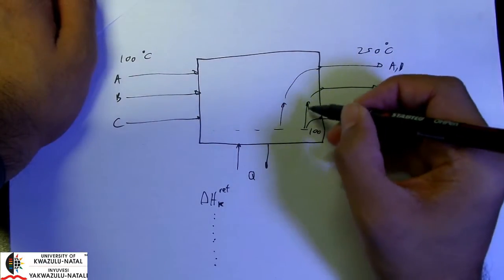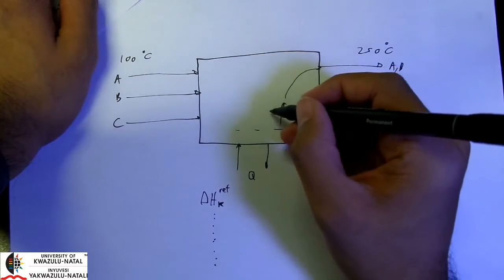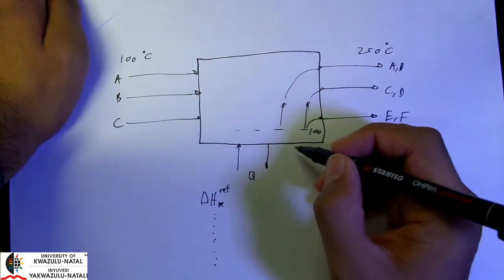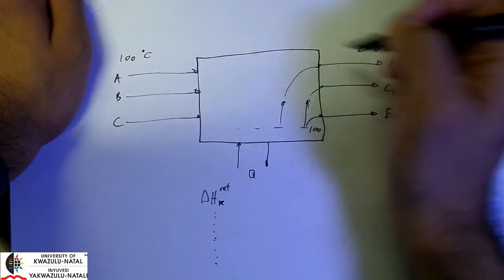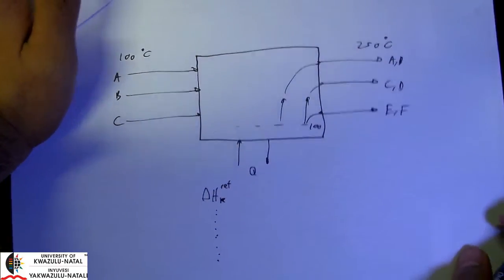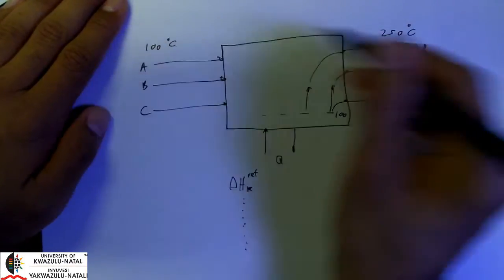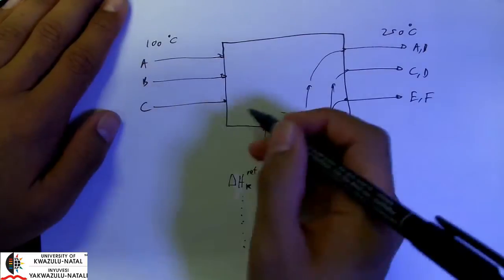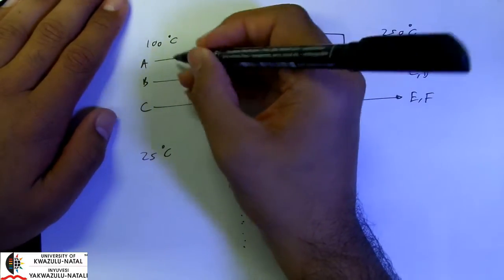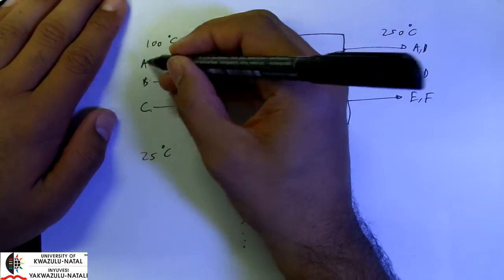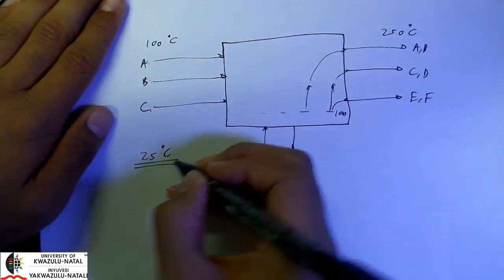And no matter the difference, I will have to use my sensible heat, my CP values, and my heat of vaporization if necessary to bring it to the actual temperatures of my outputs or inputs. Now let's say, for example, I chose a reference temperature that is neither 100 nor 250. Let's say I chose a reference temperature of 25 degrees. Then the enthalpies of these streams here will be stated in reference to 25 degrees.